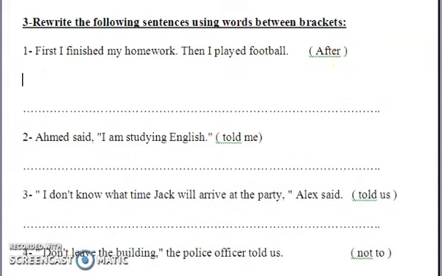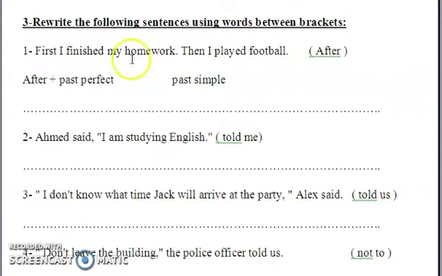If you remember, when we studied past perfect, we studied after. And we said, if I use after, it must be followed by past perfect. Then I get past simple.